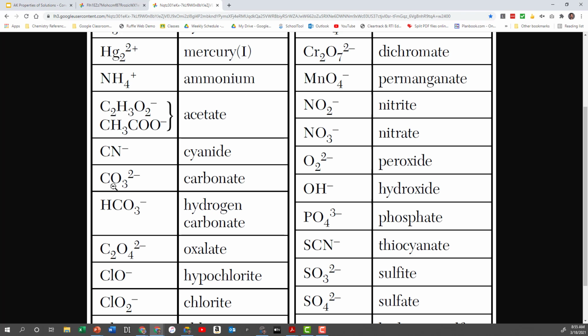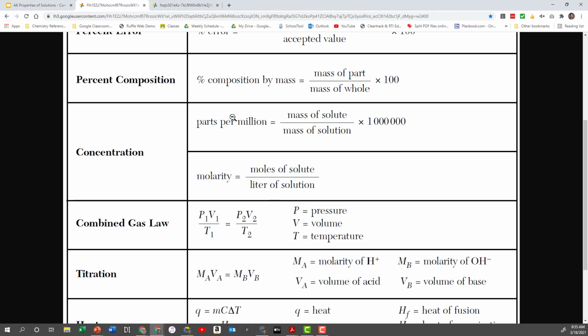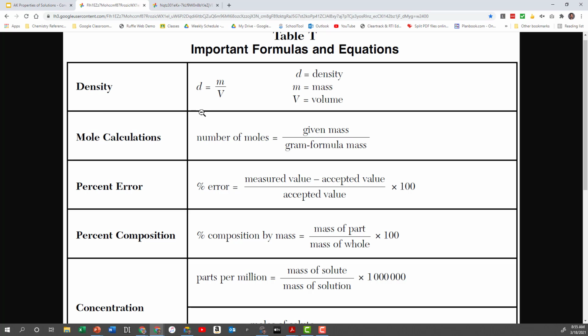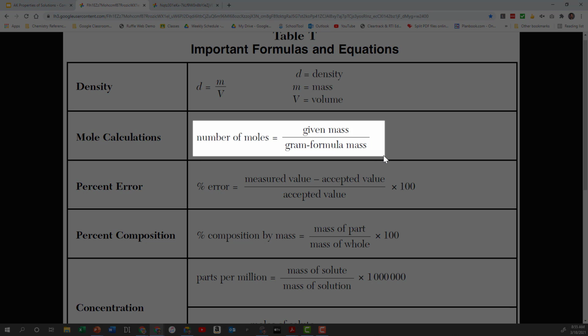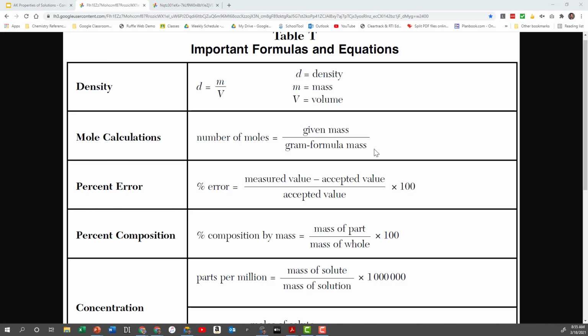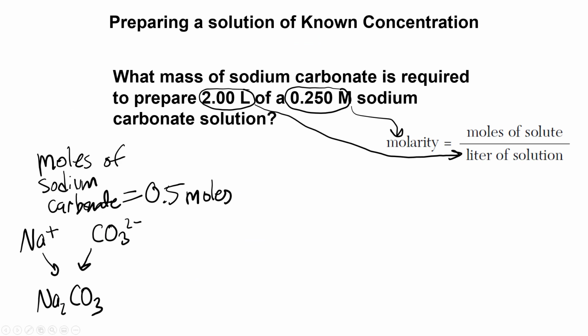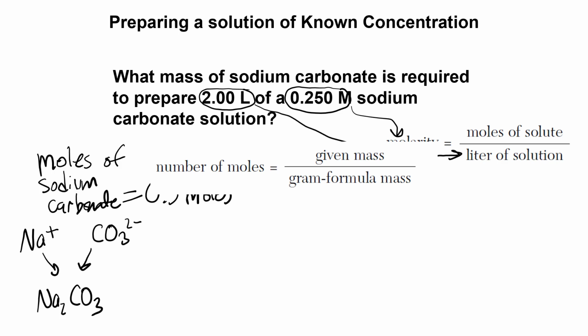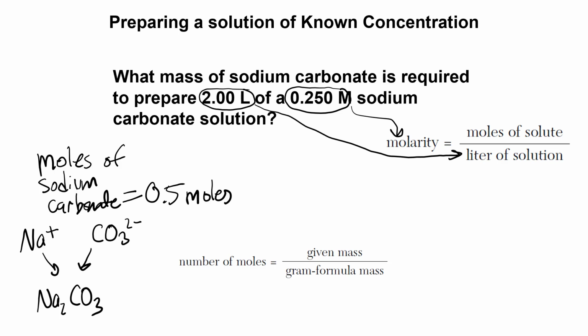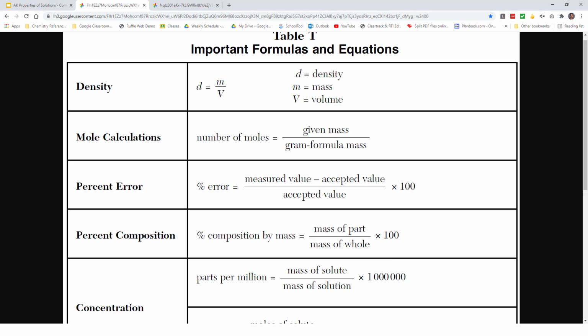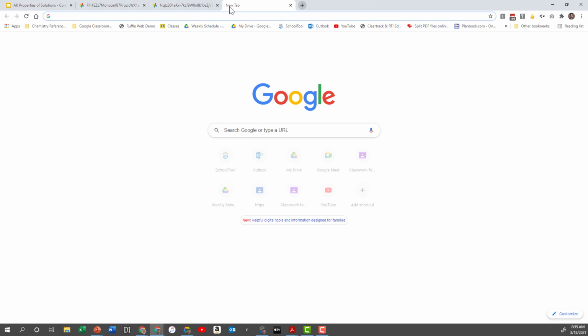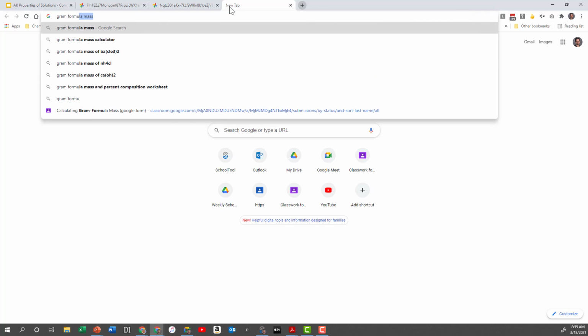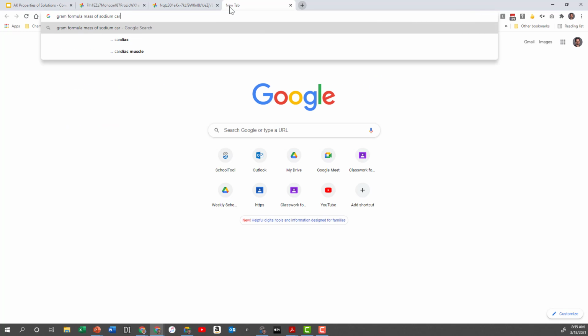I'm going to use this equation right here, the mole calculations equation again. The gram formula mass, what I'm going to do is cheat. And I'm going to Google it. Gram formula mass of sodium carbonate.